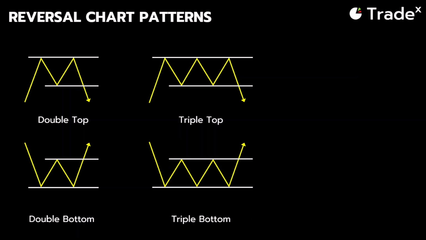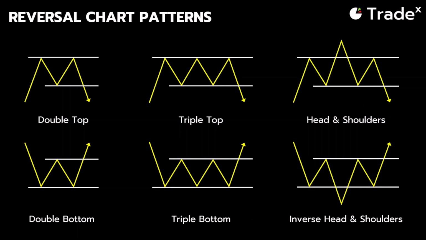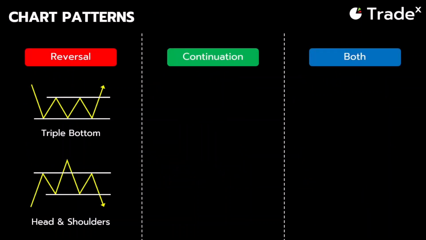Finally, we concluded with the head and shoulders pattern and its inverse, both renowned for their effectiveness in predicting major trend reversals. With these patterns in your trading toolkit, you're now well prepared to anticipate market reversals and make more informed trading decisions. Today, we'll move on to explore continuation chart patterns.